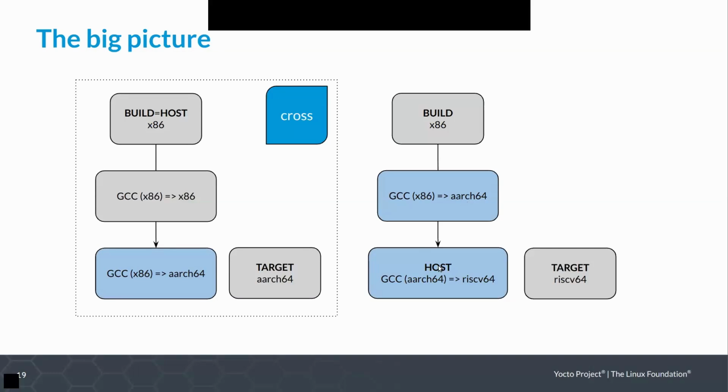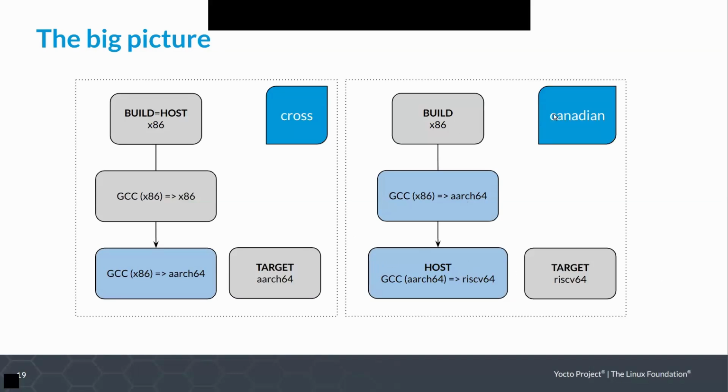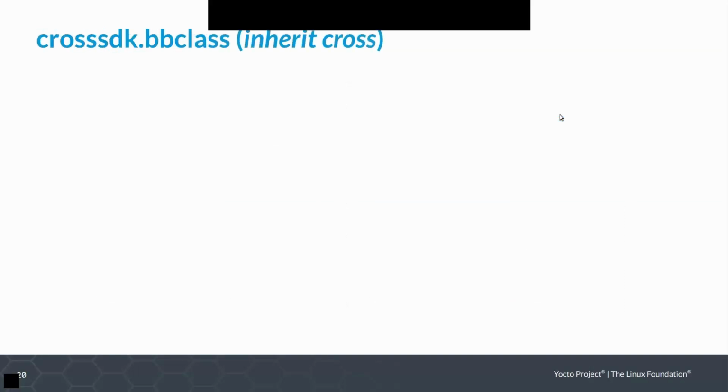So that's the host that will run the final compiler that will produce something for the target. So the target is different from host and build. This is Canadian. If we combine these two together, we get the cross-Canadian variant of Yocto.